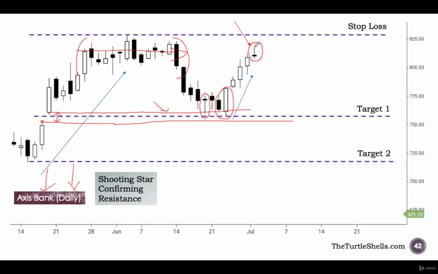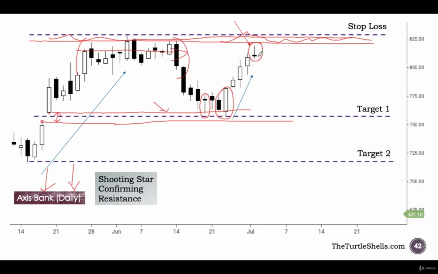Also, especially given the fact that it has failed to close above the resistance zone created by these candles. So that's our resistance zone, and the shooting star has failed to cross or close above that resistance zone. So that's the shooting star.